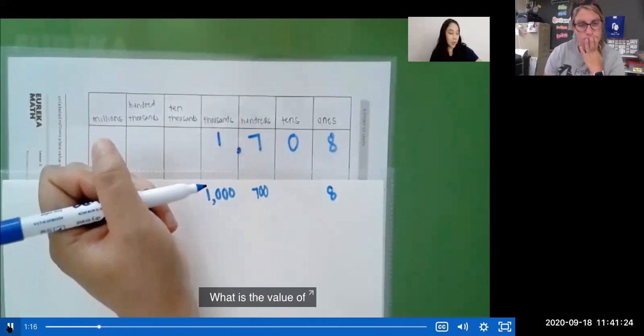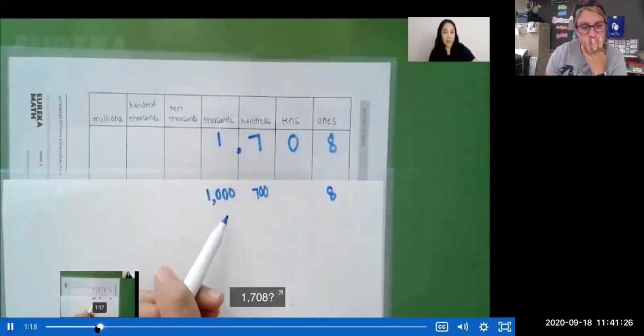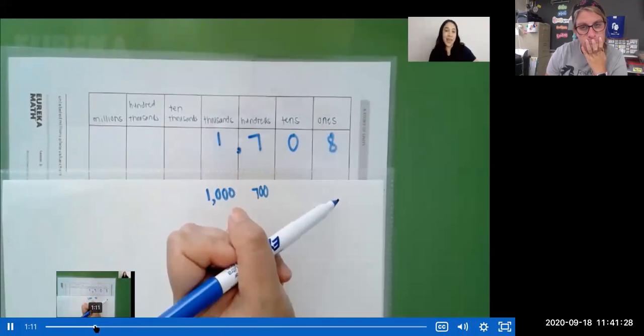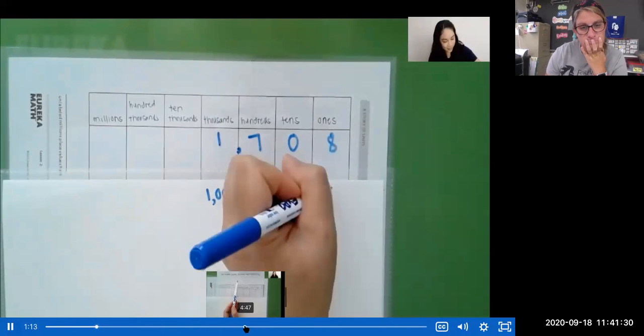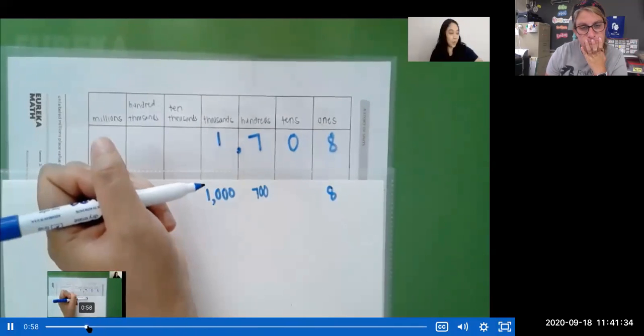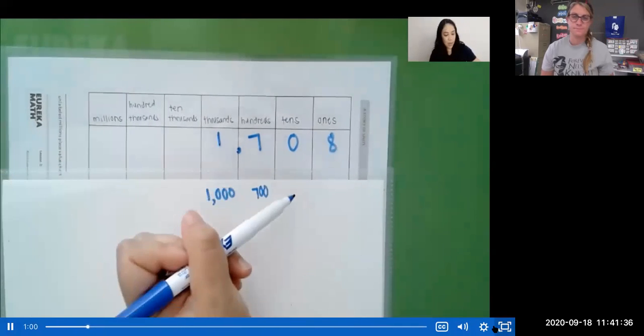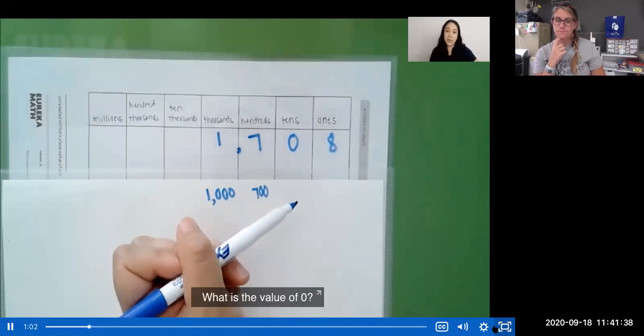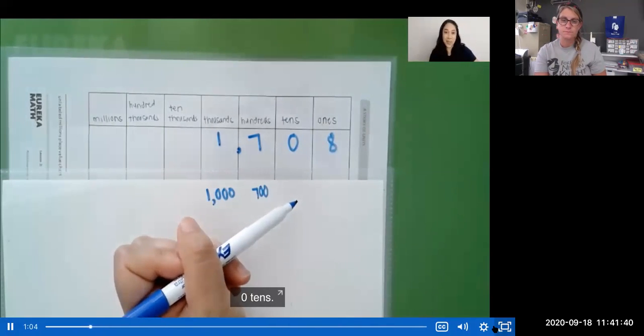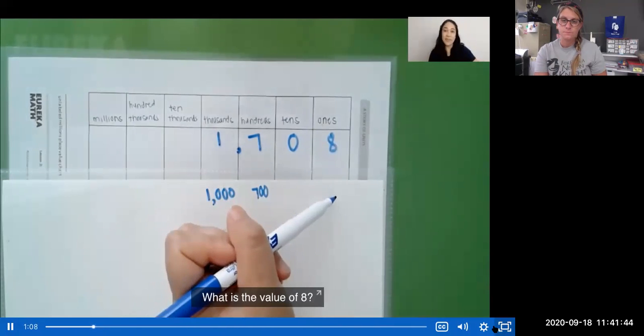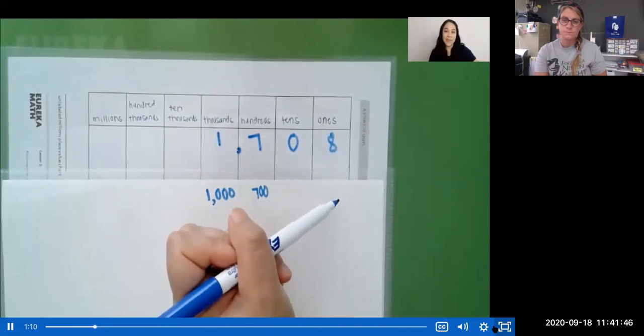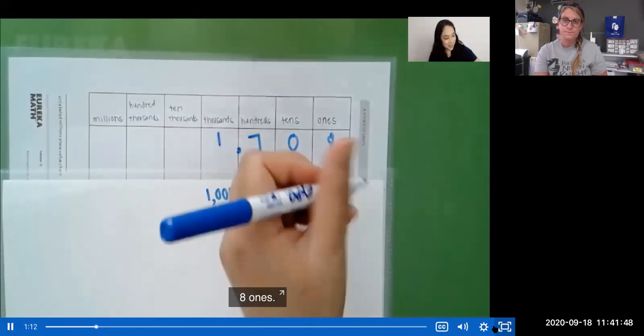What is the value of 0? 0 tens. What is the value of 8? 8 ones.